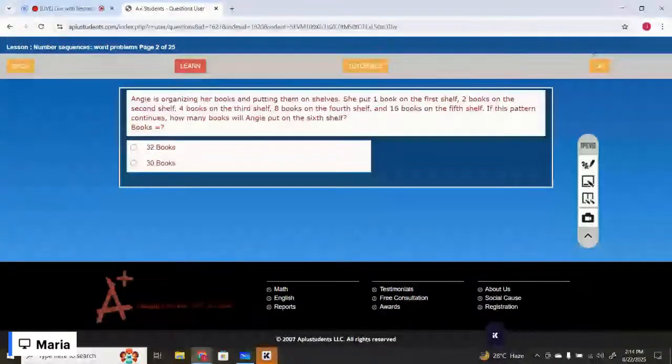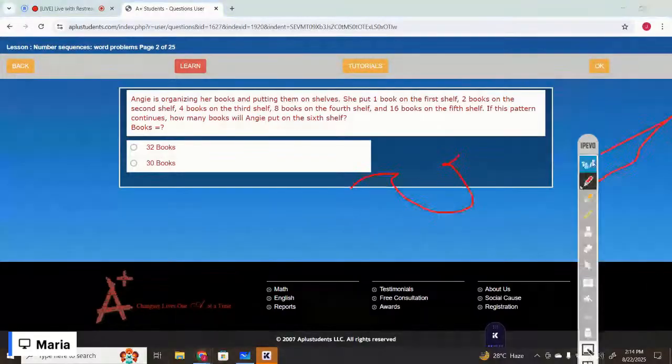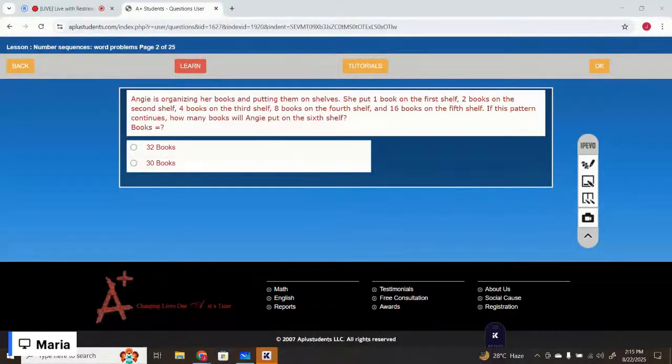Hold on, let me just. Okay, now it's working. Ng is organizing her books and putting them on shelves. She put one book on the first shelf, two books on the second, four books on the third, eight books on the fourth, and 16 on the fifth.